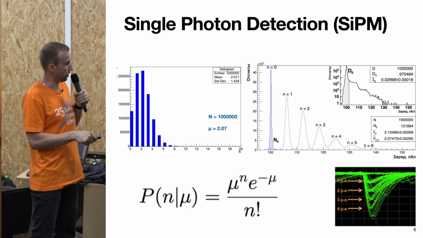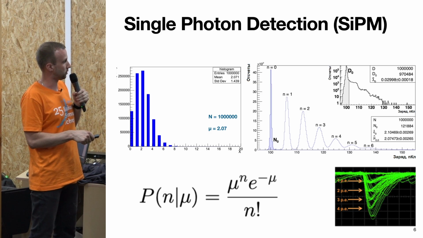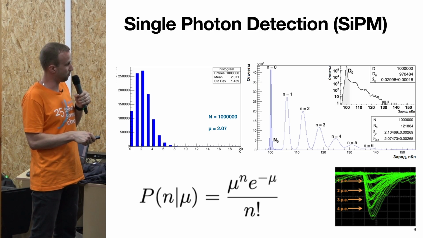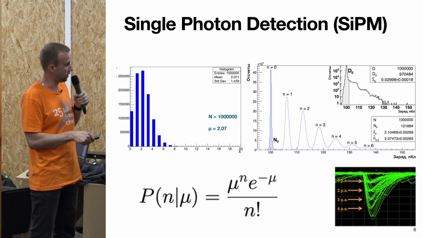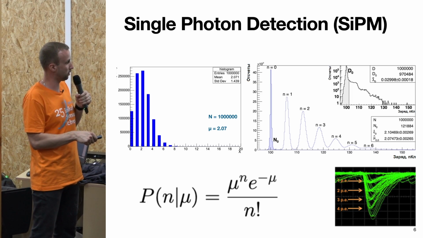The first pulse gives us 1 pixel from the SiPM, and this is 1 photoelectron detected. We also have a double pulse, triple pulse, and so on. So we have 1 photoelectron detected, 2 and 3, and so on.